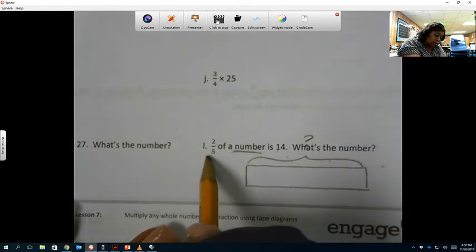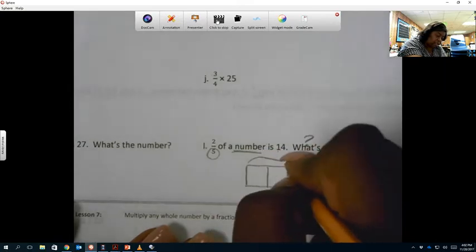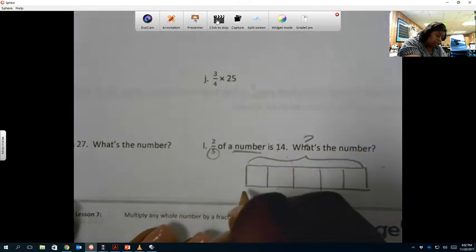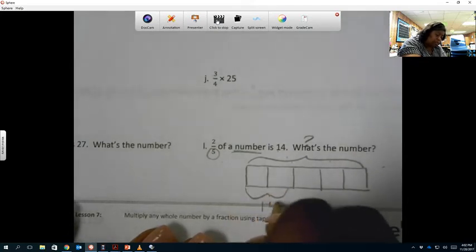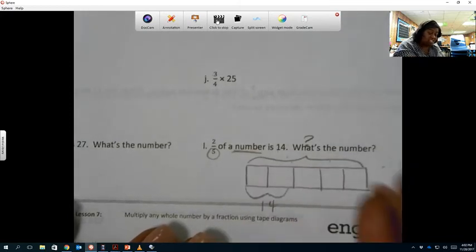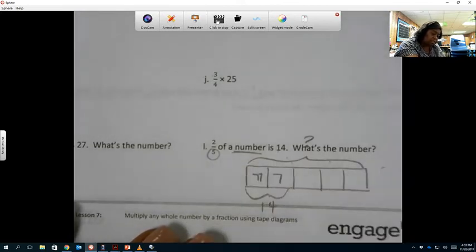I know that my denominator is 5, so I'm going to be cutting it into 5 units. I know that 2 of the 5 is equal to 14. These are equal units because fifths are equal, so I know that these have to be 7.